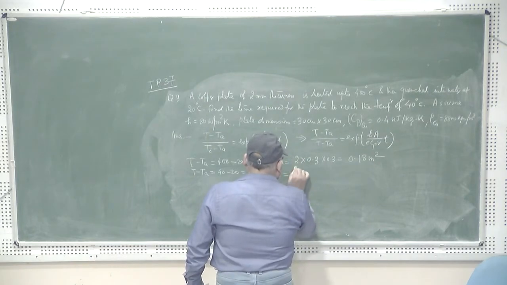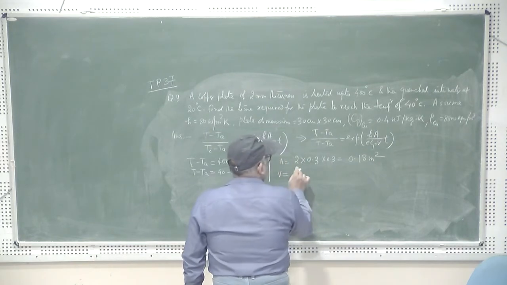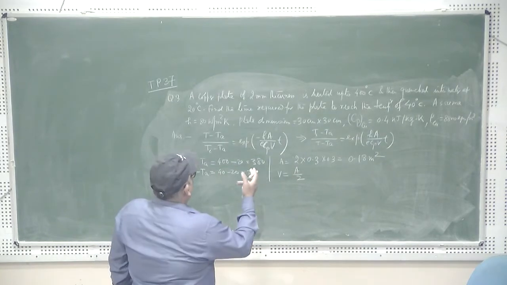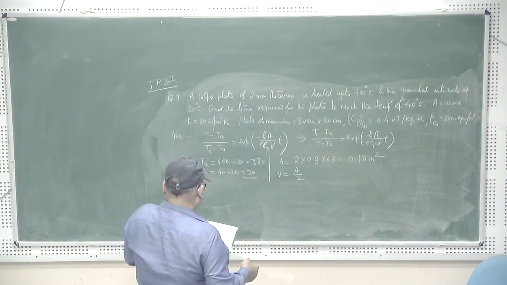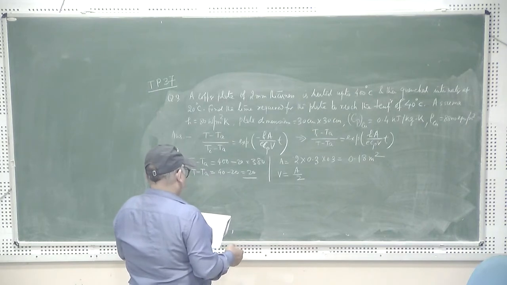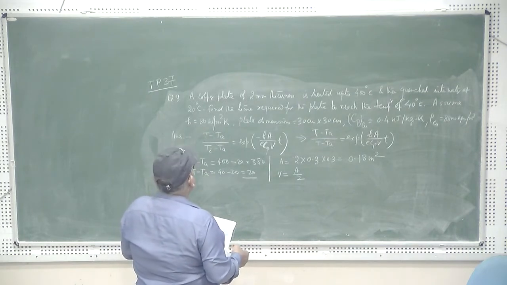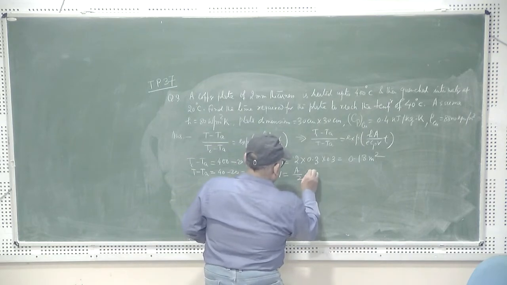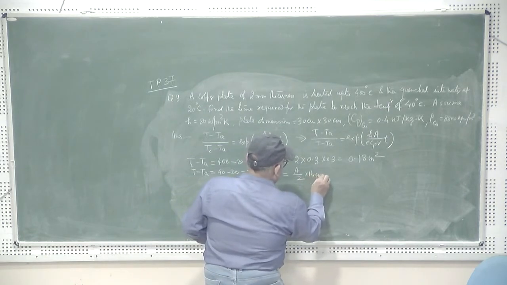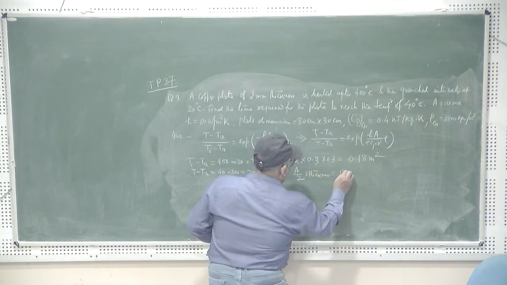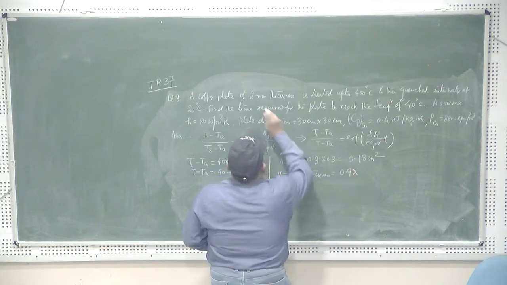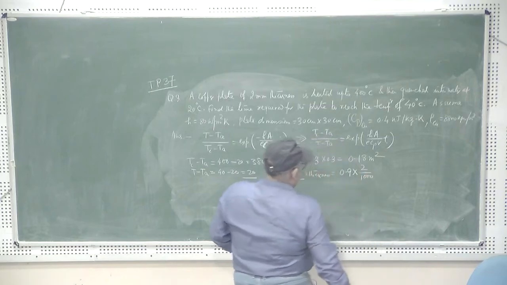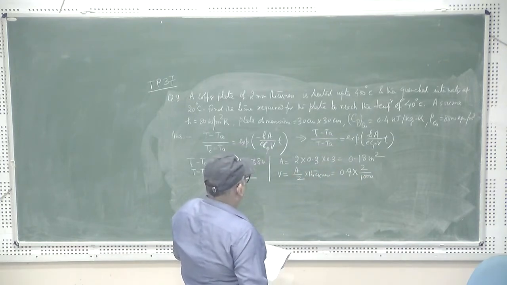If you calculate the volume, then this area needs to be divided by 2, because volume is area into thickness. So that is equal to 0.09 into 2 mm, and 2 by 1000 is the thickness in meters.